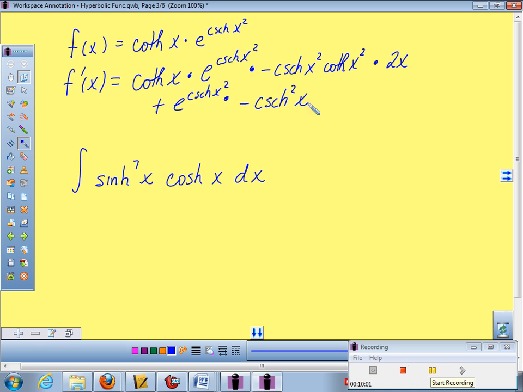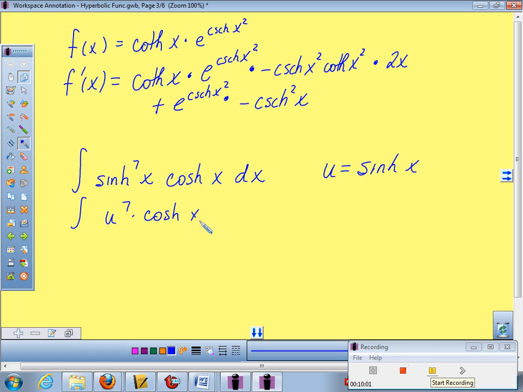So basically this is going to be good practice on your original derivatives with product, quotient, and chain rule. You're also going to be asked to do a couple integrations, and when you integrate, it's probably not going to be simple ones. You're probably looking at some u substitutions. In this case, since you see you've got hyperbolic sine to the 7th power, we're going, well, okay, can't have a 7th power, so I'm going to have to u substitute that hyperbolic sine, which is going to give me u to the 7th times the hyperbolic cosine.